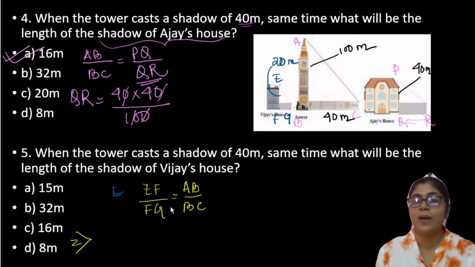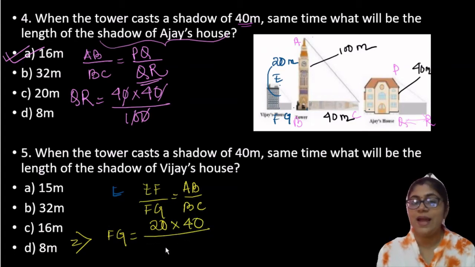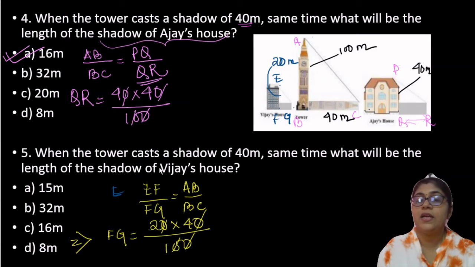FG is equal to EF into BC by AB. So EF is 20. We can write FG equals EF, which is 20, into BC, which is 40, divided by AB, that is 100. So the zeros cancel. 2 into 4, 8 meter. So option D is the right answer.